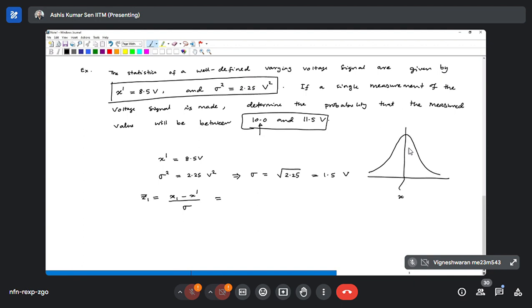This is your x prime, which is 8.5 volt, and the question asks what is the probability that data is going to lie between 10.0 volt and 11.5 volt. The probability table is listed as the area between the mean and a particular value, right?